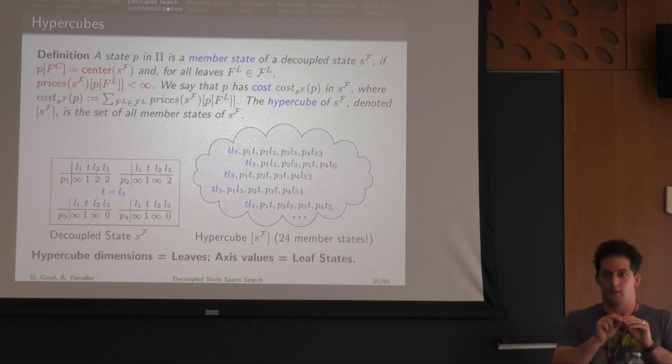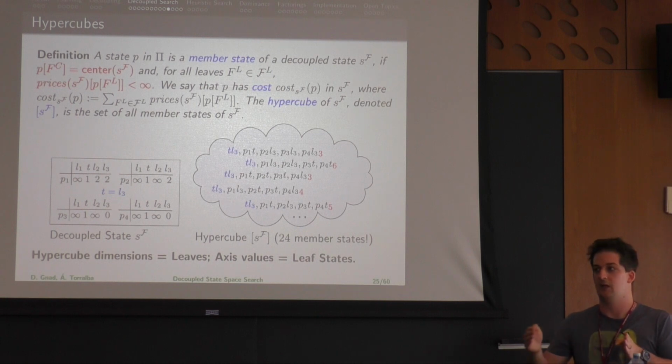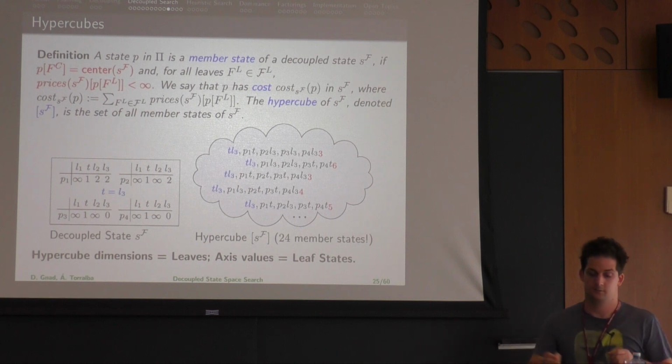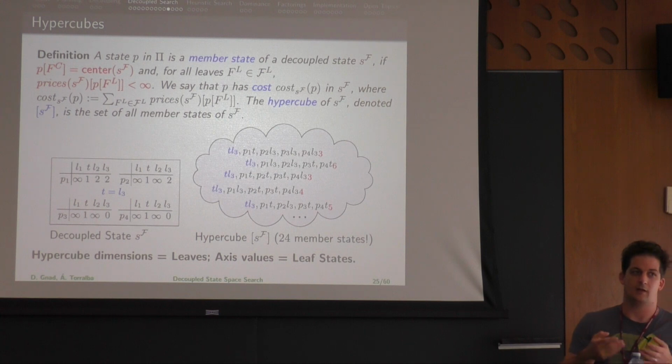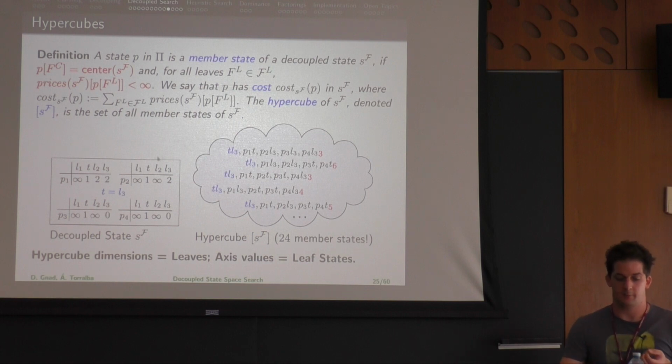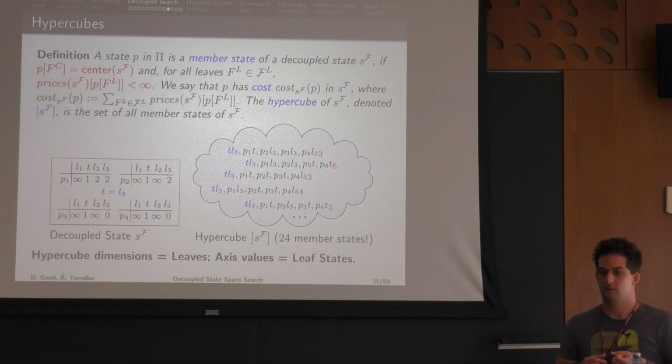So basically, every axis has discrete possible values, and each of these values is one assignment to your leaf. And this is really, I think, a nice intuition to understand where this exponential reduction from decoupled search comes from. Given that the packages are conditionally independent, we are able to enumerate all possible paths in the compact representation of the pricing function, and this really represents an exponentially large set of explicit states.